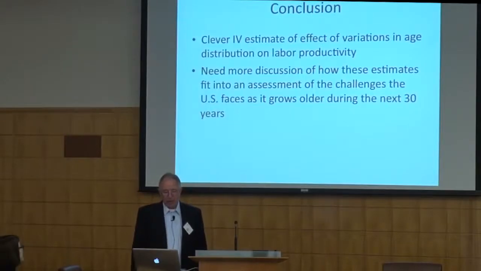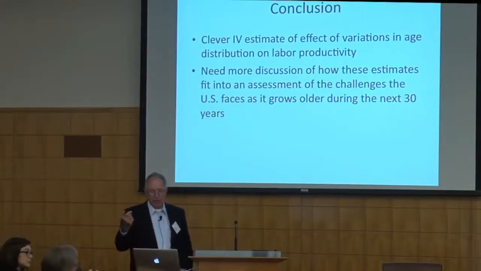And so my conclusion, and I'll soon open it up for the general discussion here, is that we've got, on the one hand, a clever IV estimate of effective variations in age distribution and labor productivity, but we need more discussion on how these estimates would fit into this broader set of challenges.